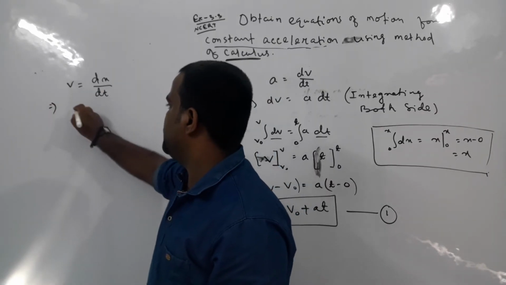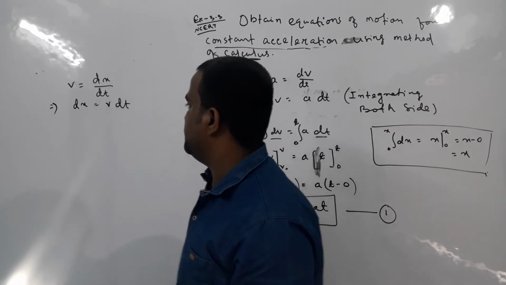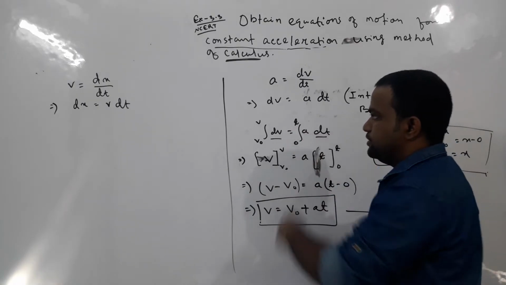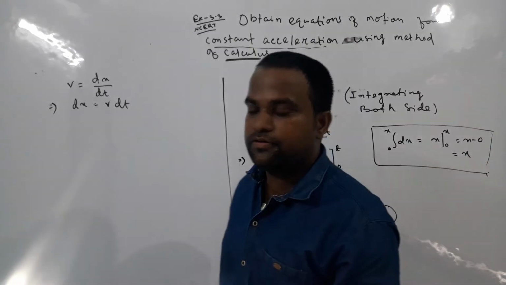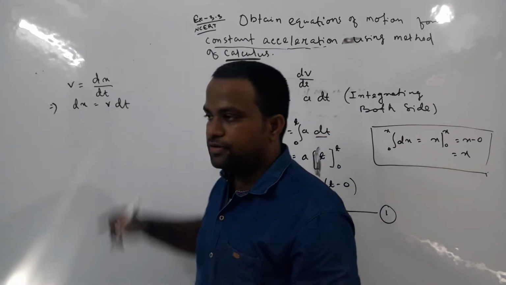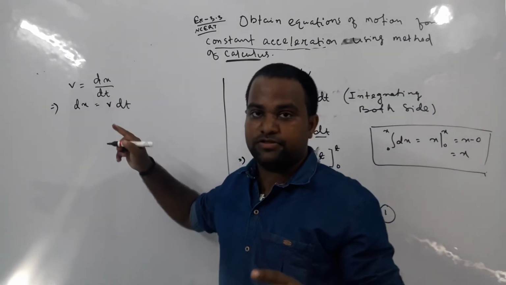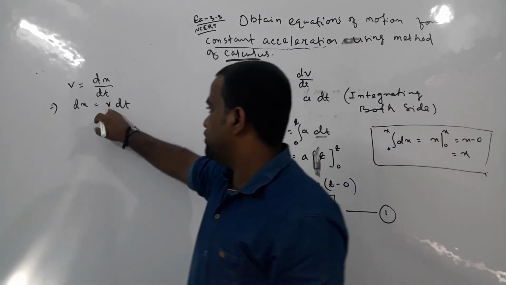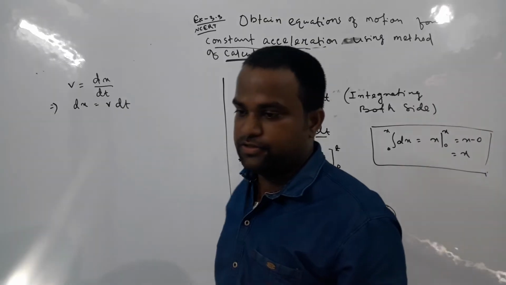So if I write it, dx is equal to v dt. Earlier we took a outside because a was constant, but remember here v is not constant. v changes. Constant acceleration does not mean velocity is constant. Velocity is changing.